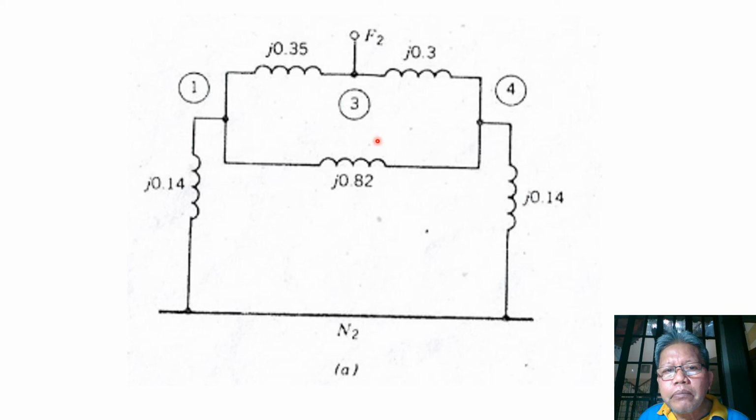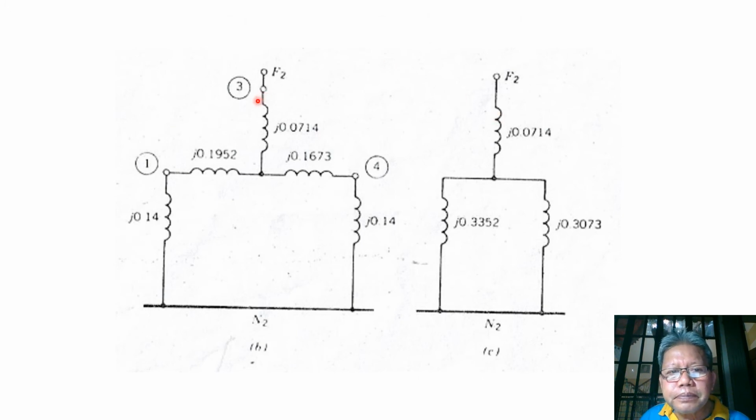Now again, with respect to bus 3, bus 1, and bus 4, we have formed delta connected reactances. So again, we obtain the Y equivalent reactances for this with respect to bus 1, bus 3, and bus 4.